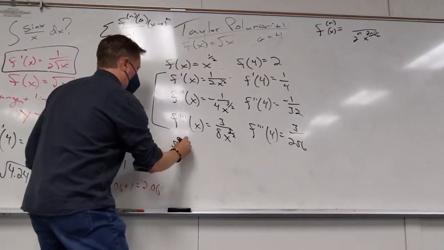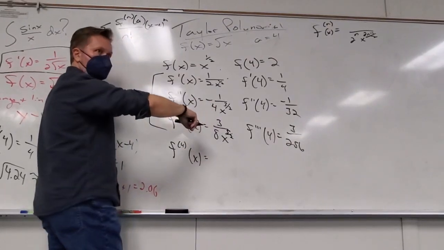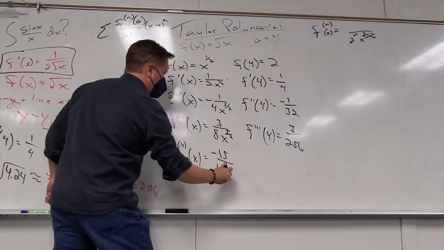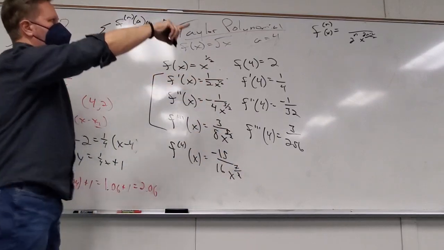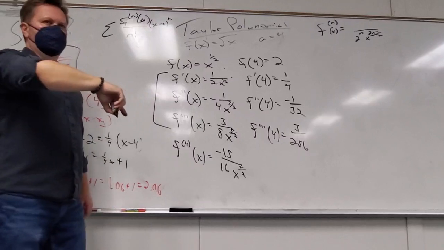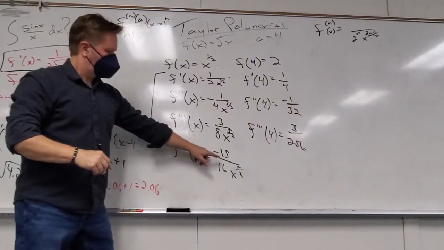Let's see. At the fourth derivative, negative 5/2 comes down. 15 over 16, x to the 7. So everything kind of follows the pattern. Now, of course, we should have a negative 1 to the n kind of thing going on here, right? Negative 1 to the n plus 1.